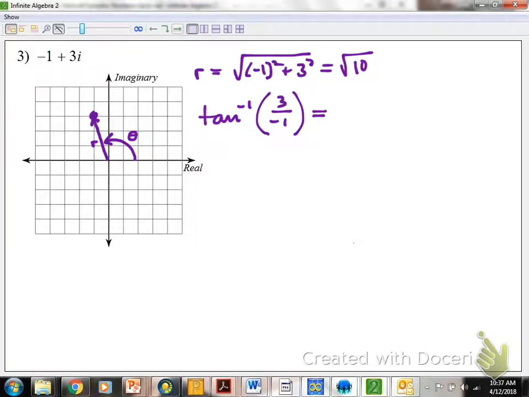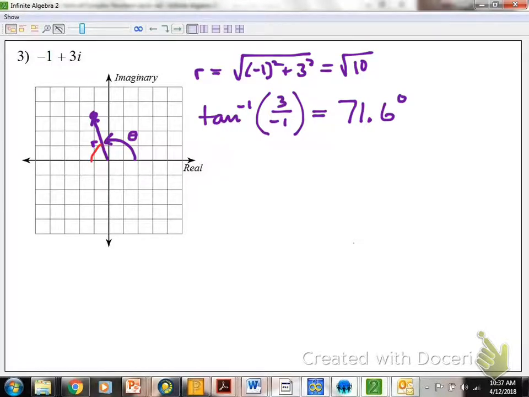Let's keep our answers to the 10th place in degrees. Make sure your calculators are in degree mode. What do we get? 71.6 degrees. Now, keep in mind that that is our reference angle, right? That's the angle right here.